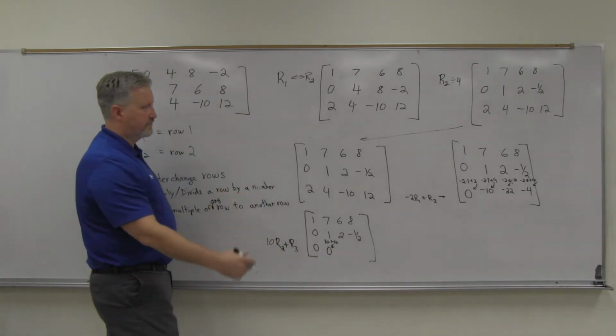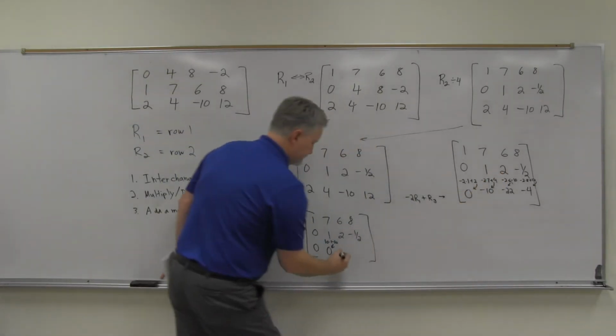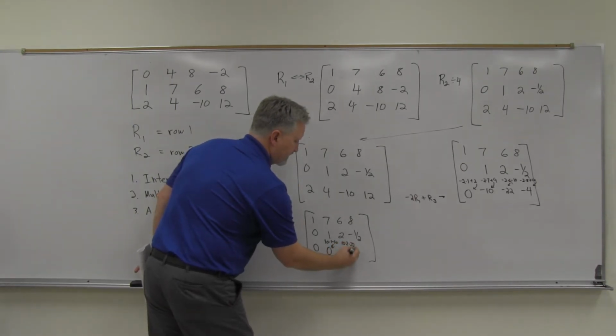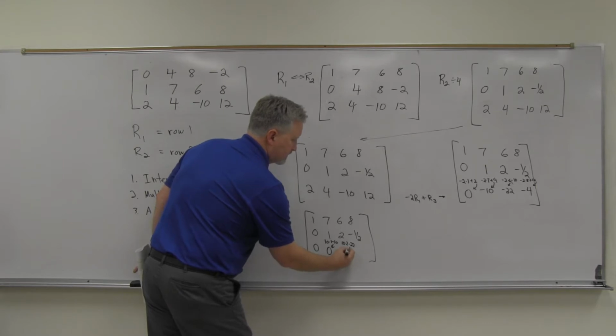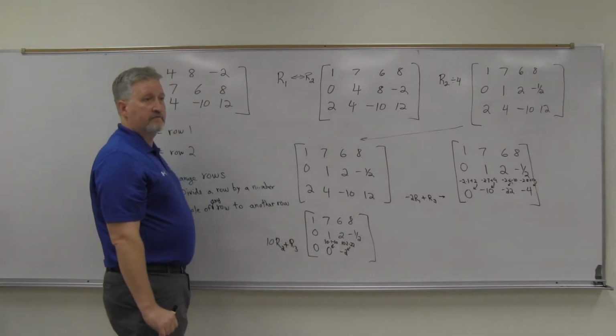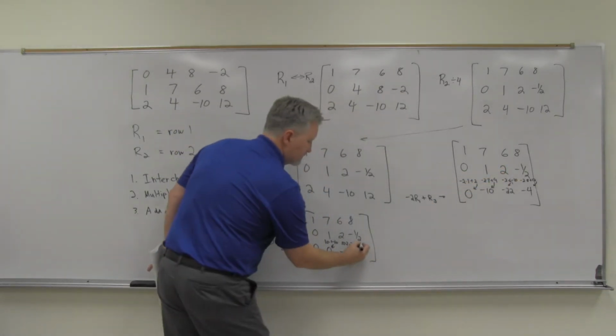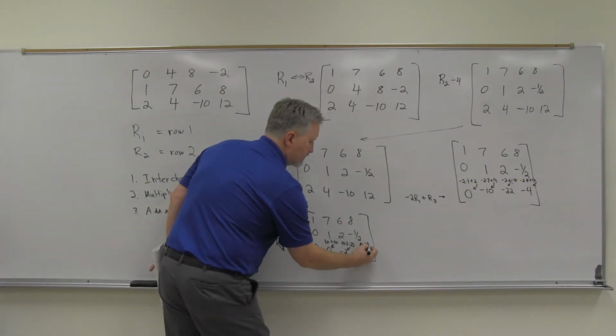But I have to do that across the board. So 10 times 2 minus 22, that's going to be a negative 2. Goes here. Yes? With me? And then 10 times the negative a half, plus, oh, minus the 4.